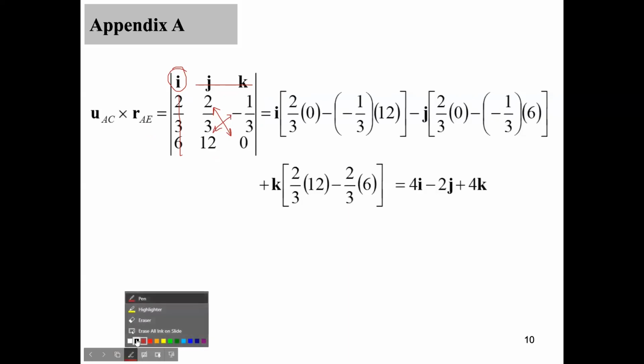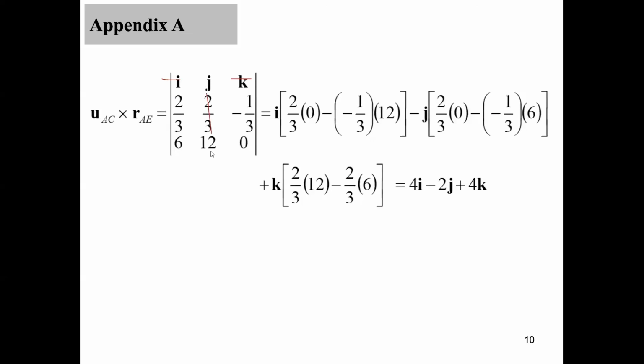Next, hide all elements in row 1 and in column 2 except element 1, 2. Then multiply J by 2/3 times 0 minus negative 1/3 times 6.